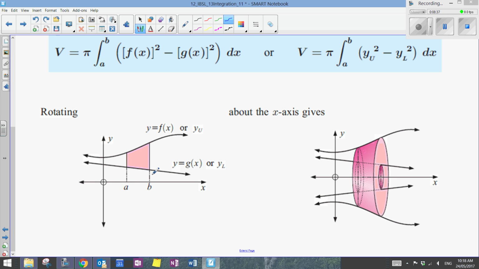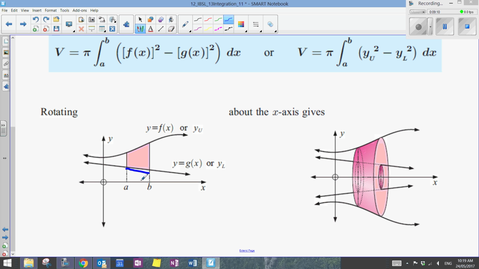So if I have a lower boundary and I do not want to include this space here, I might have an object that has a hole in it, like a washer or a vase, something that has an empty or hollow center. I want to subtract out that inside. So I take the volume of the outside revolution, whatever shape that makes, and subtract the volume of whatever the inside revolution would make, which would be this little bit under this line, between this line and the x-axis.